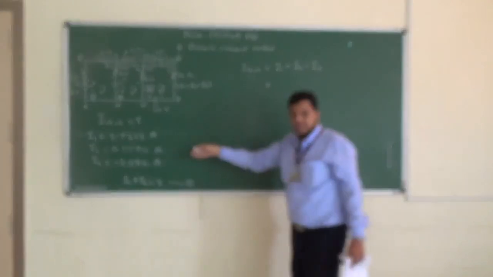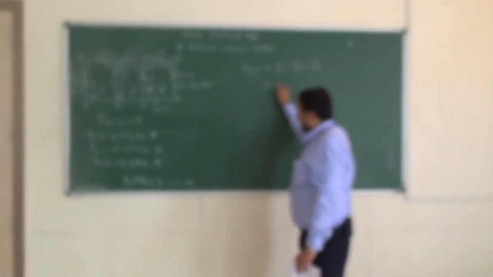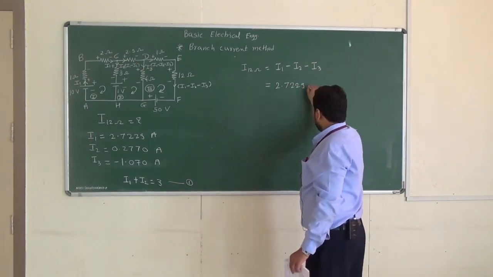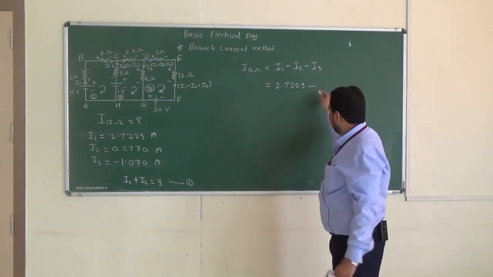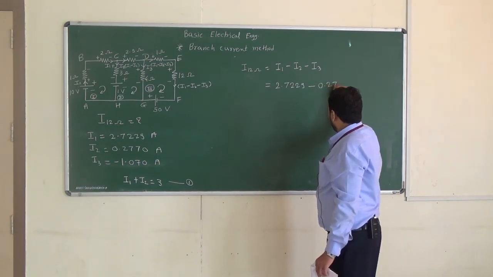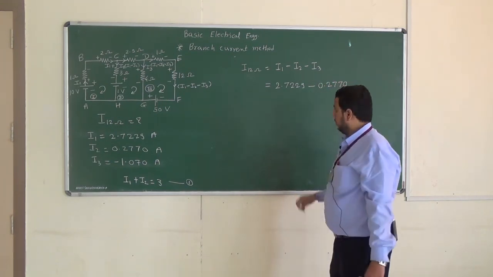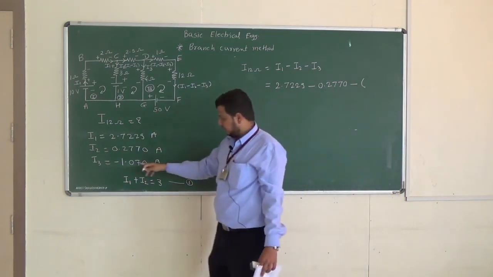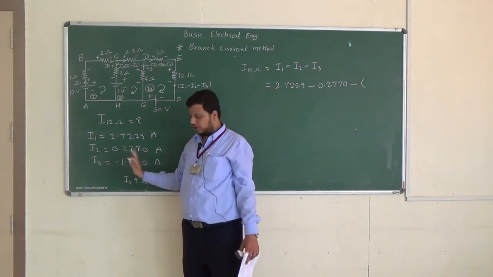Now we have obtained three unknowns. So I1 is 2.7229 minus I2, which is 0.2770, minus, now as I told, we have to keep the same sign whether we are getting positive or negative.